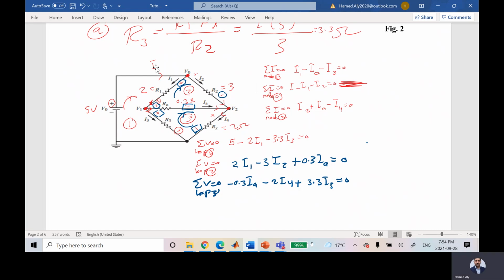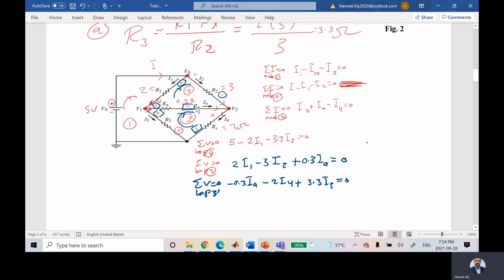But pay attention. If you converted delta to star, you are going to convert this guy, and you would like to find the current in this guy. So after finding this current and this current, you have to redraw that part again and say summation of the current is equal to 0 for nodes to be able to find the current in this guy.